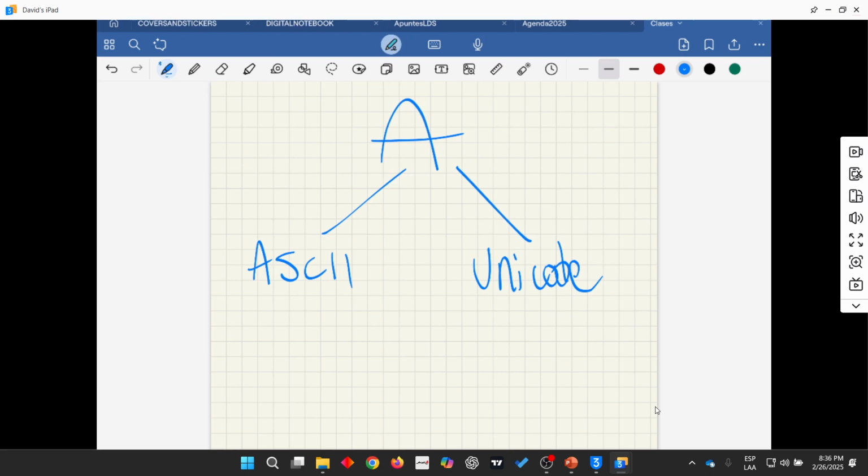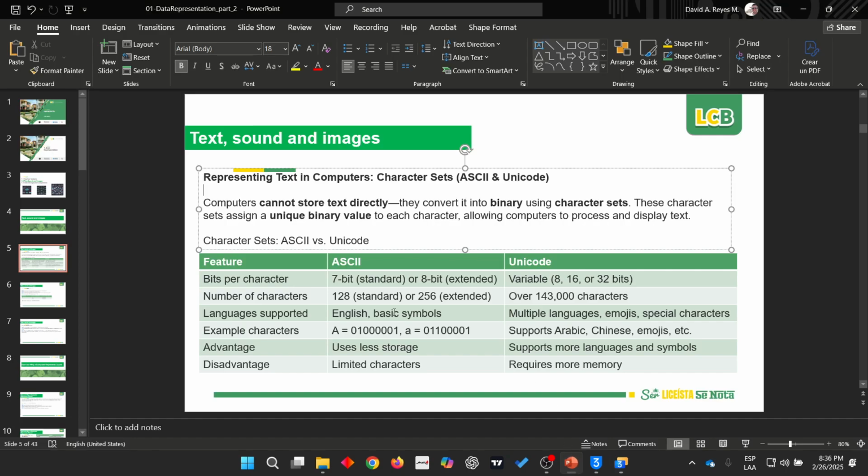So what is the difference between them? I'm going to show you here. ASCII uses 7 bits, or in some cases 8 bits. That means that when the computer translates every single letter, every single number, it is going to be translated to some characters in ASCII.